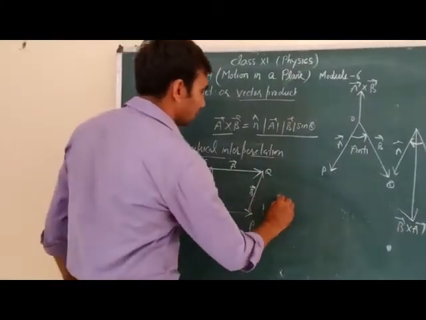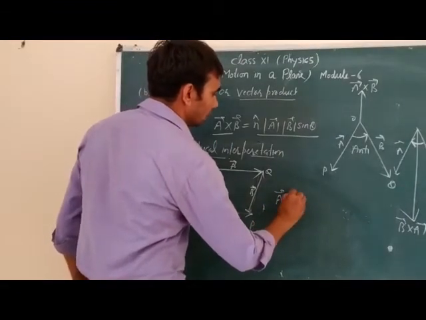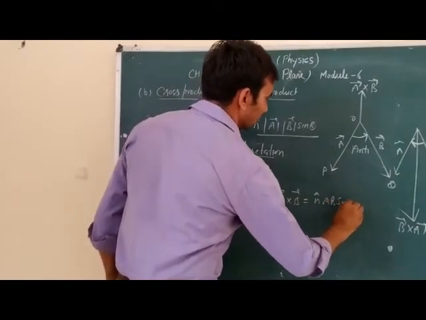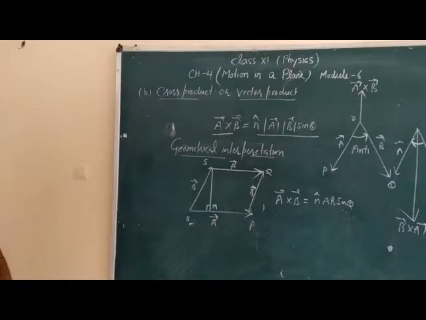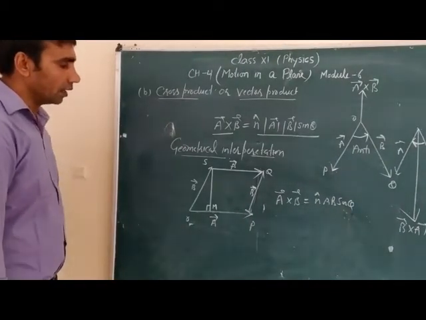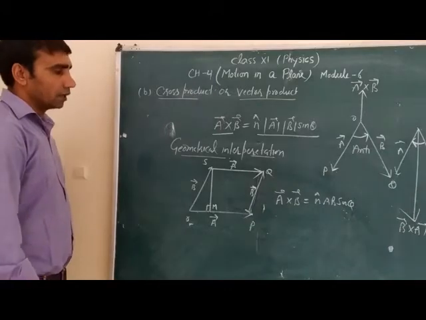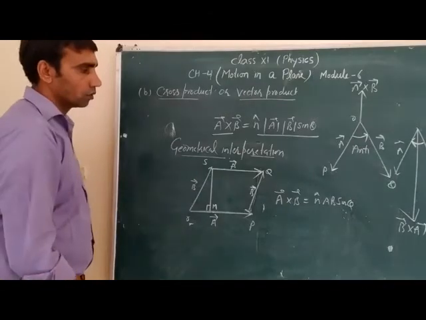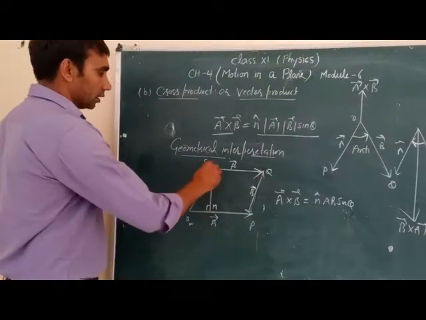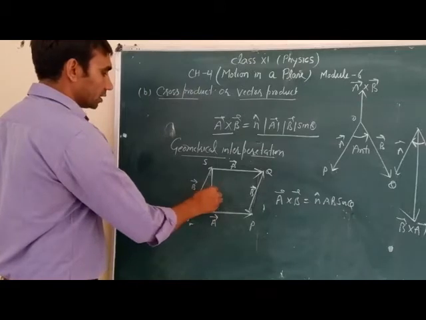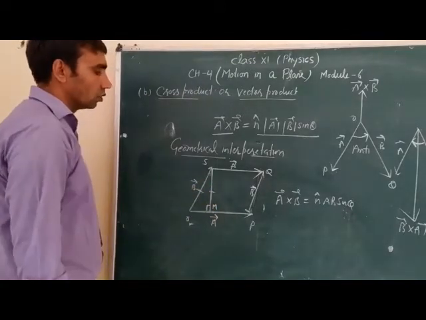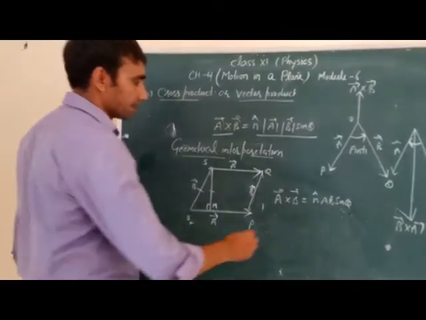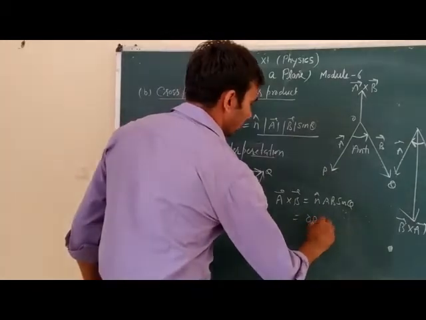This can be written as A cross B equal to n unit vector AB sine theta, where vector A is equal to OP and vector B is equal to OQ. This divided by this is equal to sine theta. Sine theta is equal to OP into OQ.